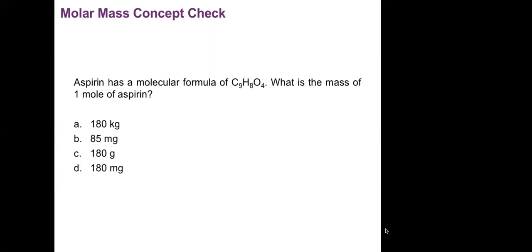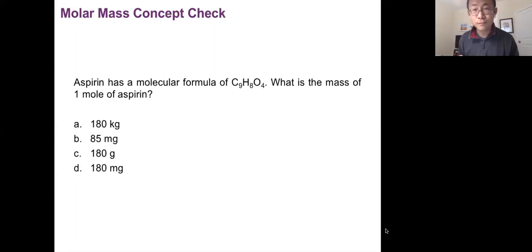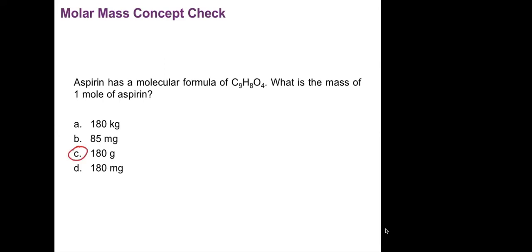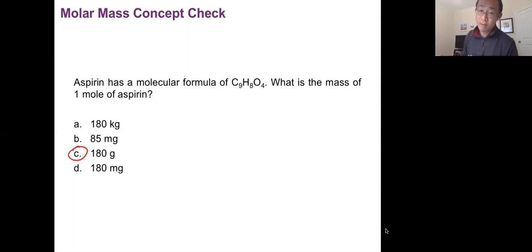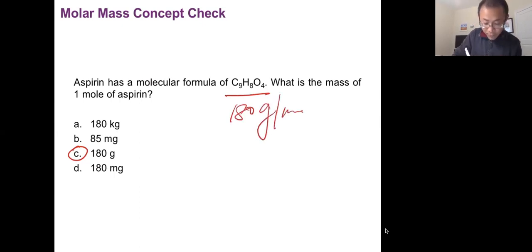It would be C, right? Yes, you're right. C, okay, 180 grams. Where do we get 180? Because the formula mass is 180. So 1 mole of it is 180 grams per mole. Very good.